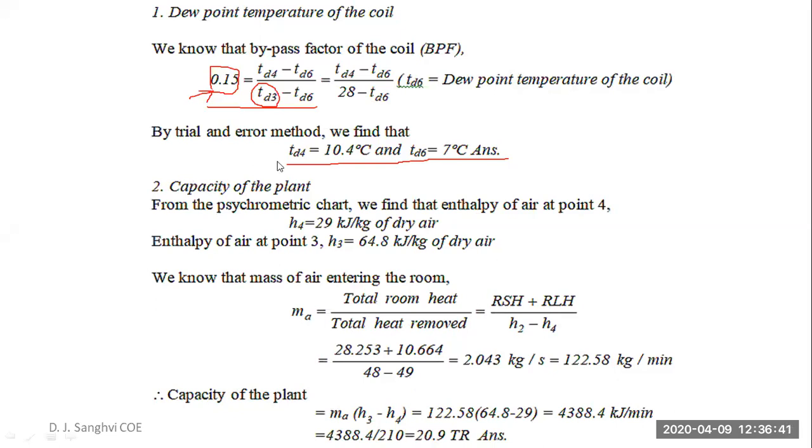You can do one thing, just note down these values. You can do that trial and error after your class is over. As of now, just note down these two values. T4 should come around 10.5 degrees and T6 should come around 7 degrees.